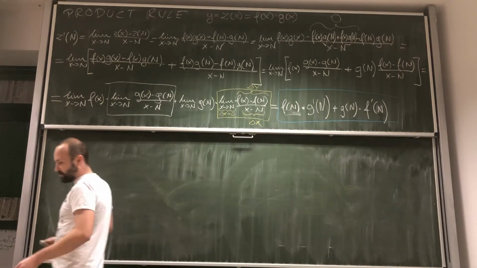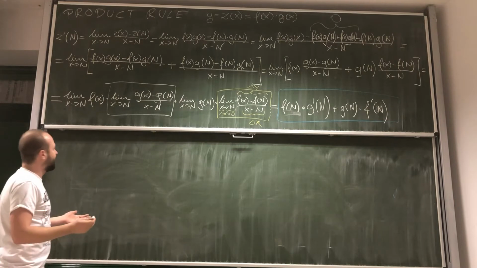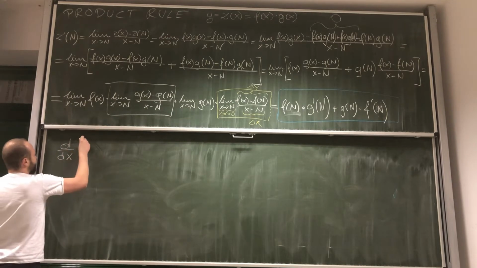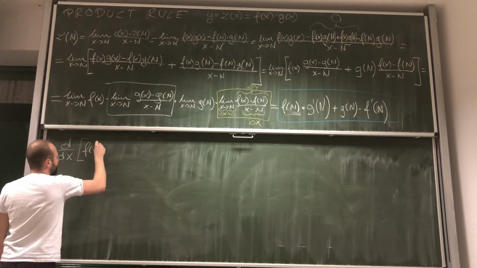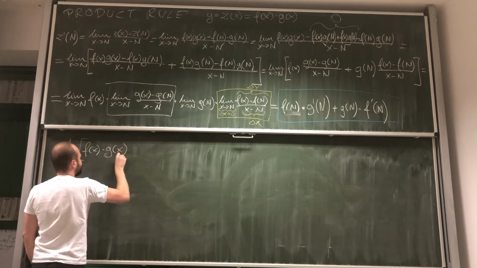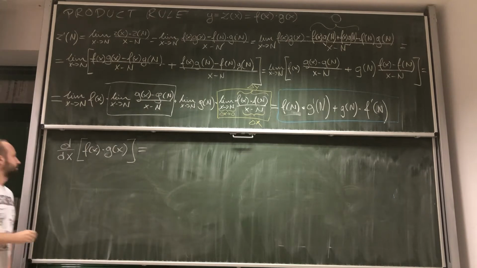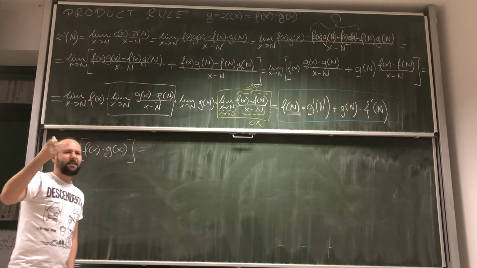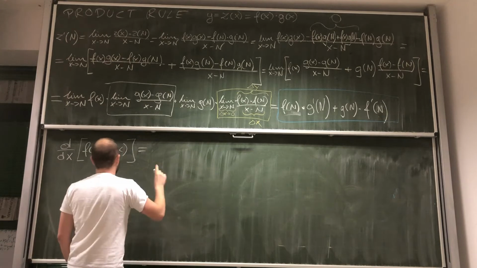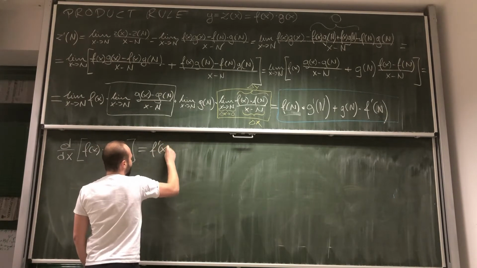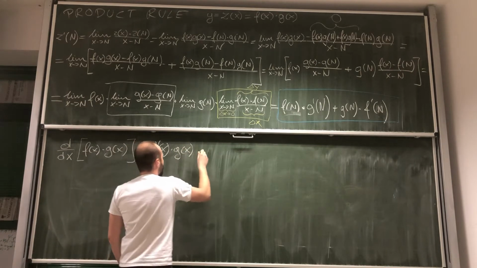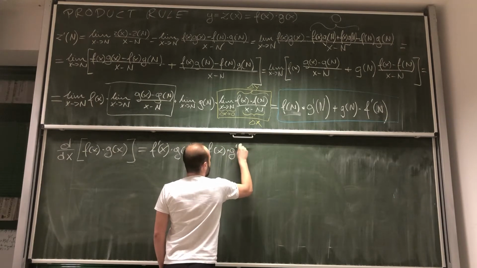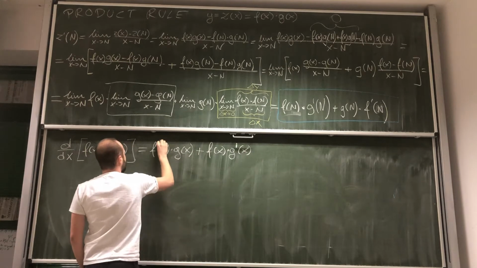So let's write the final formula. The product rule says that the derivative of a product of two functions, f of x times g of x, is equal to, let me just change the order because it doesn't really matter, and it will serve as a kind of mnemonic device a little bit later: the derivative of the first function times the second function plus the first function times the derivative of the second function.